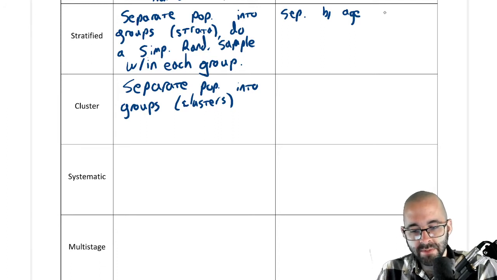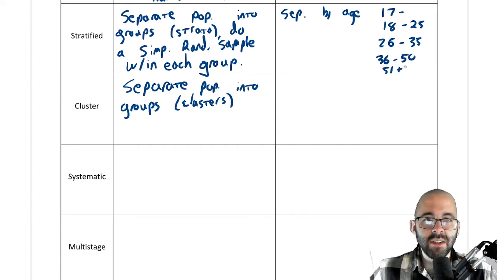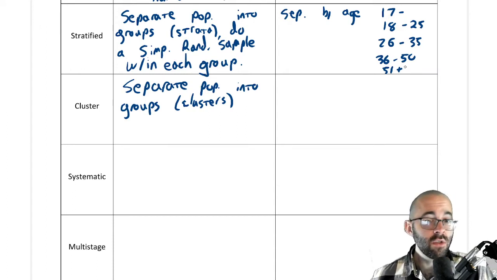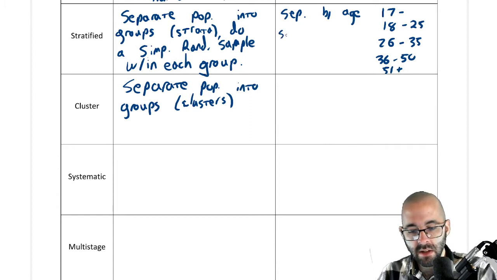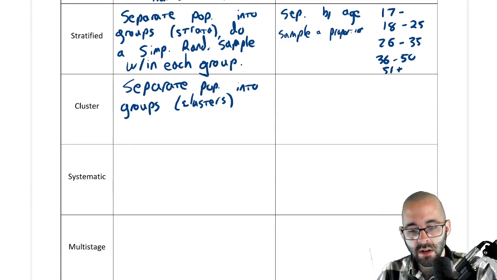I'll have 17 minus 18 to 25, 26 to 35, 36 to 50, I don't know, 51 plus, whatever. Separate into groups. And then within each group, we will sample a proportionate amount in each group.